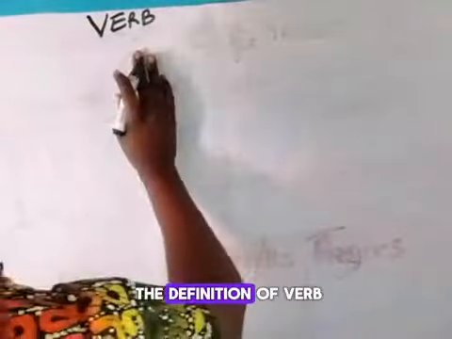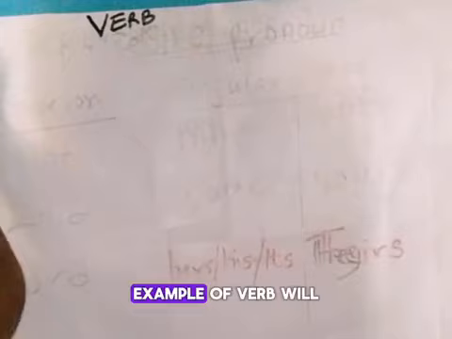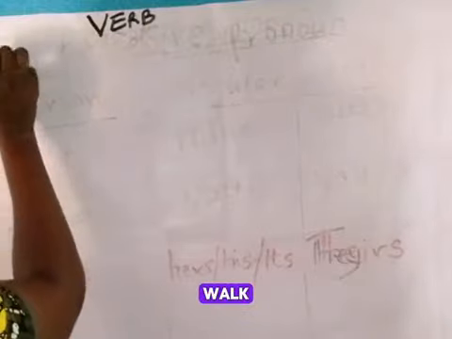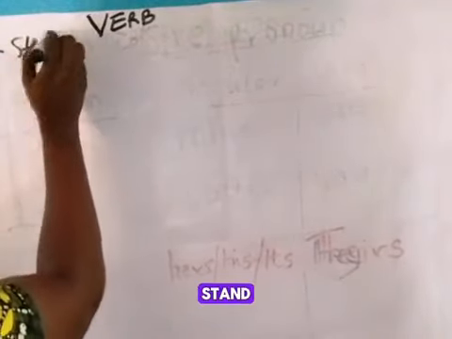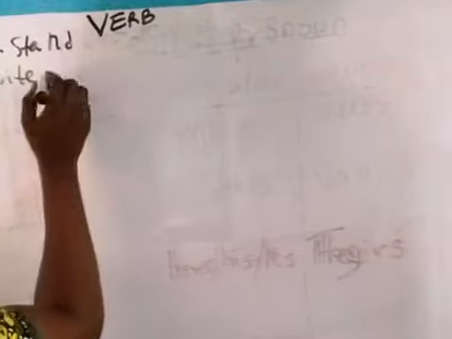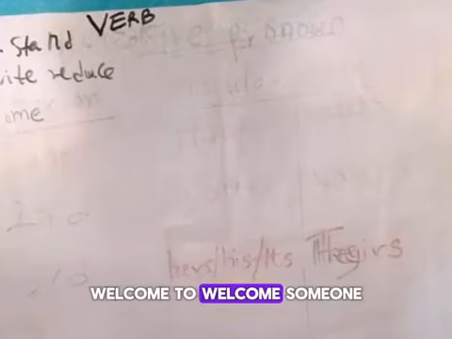And we have done the definition of verb. I'm just going to give examples of verb. We have eat, walk, stand, go, come, write, reduce, travel, welcome, to welcome someone.